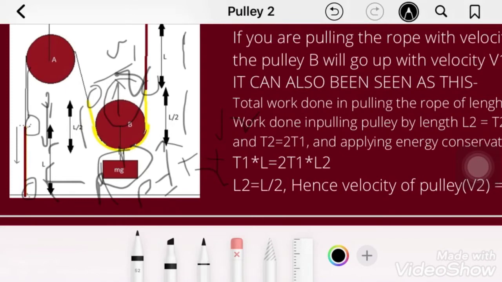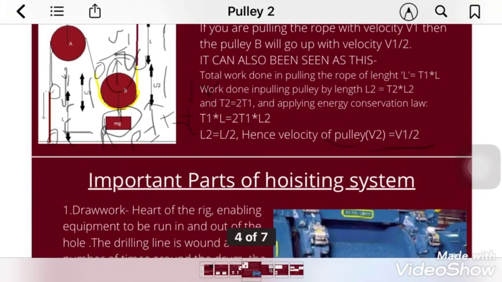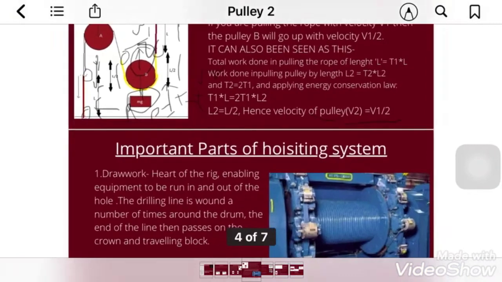As we have solved earlier, T2 is equal to 2T1. So when we solve that, V2 comes out to be V1 by 2. Remember this method, as it will be very useful while calculating the velocity of the traveling block when the velocity of the fast line is given, or vice versa.